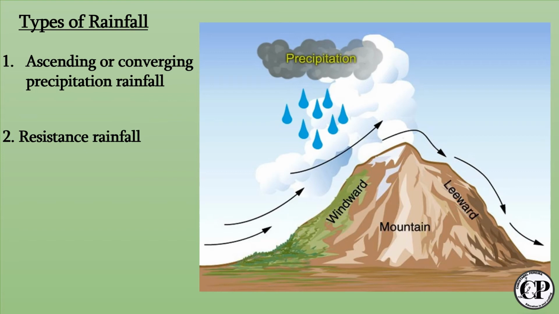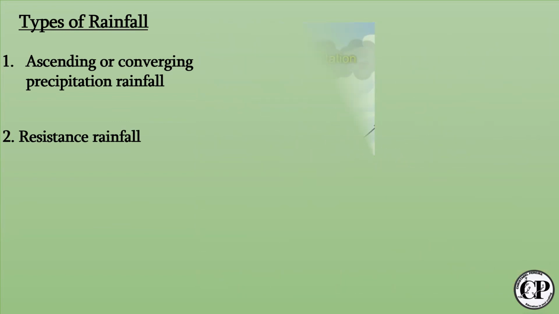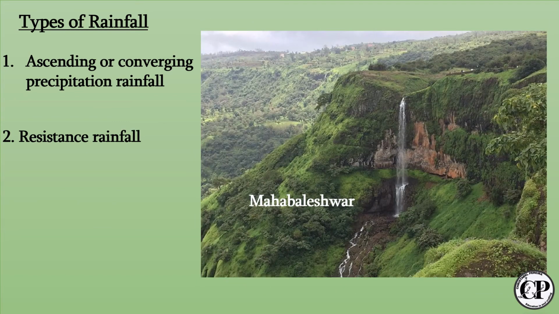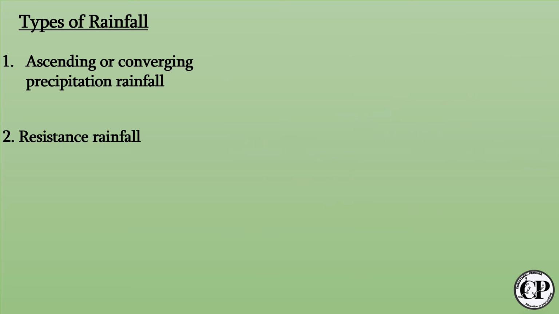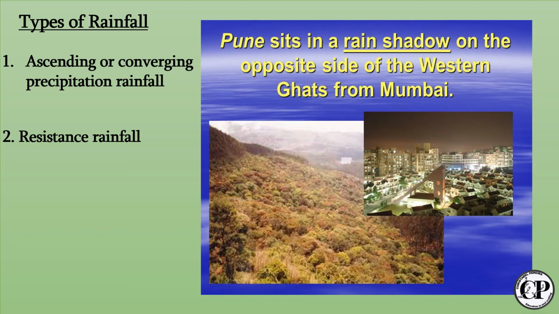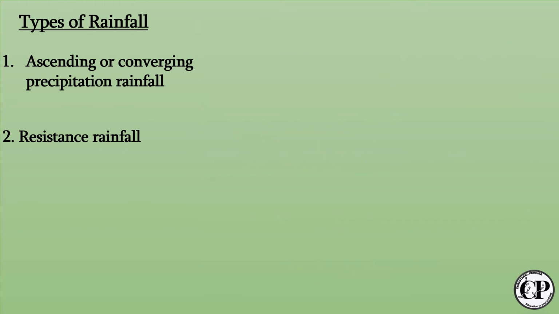Some arid and semi-arid regions are a direct consequence of the rain shadow effect. For example, Mahabaleshwar, situated on the Western Ghats, receives more than 600 centimeters of rainfall, whereas Pune, lying in the rain shadow area, has about 70 centimeters only.